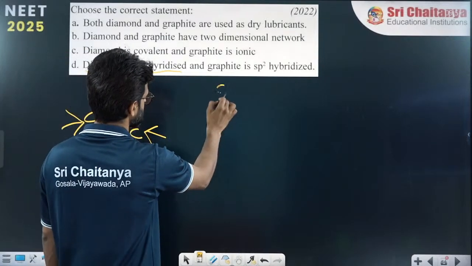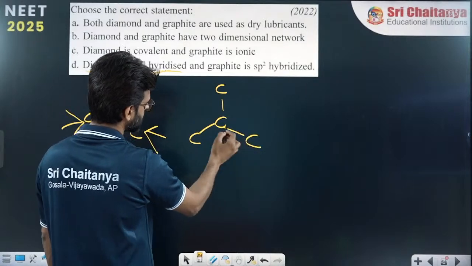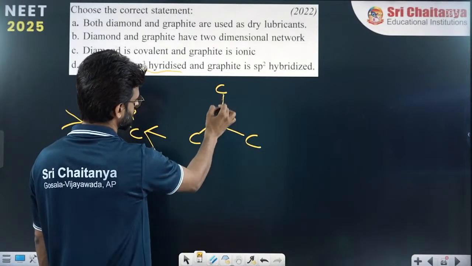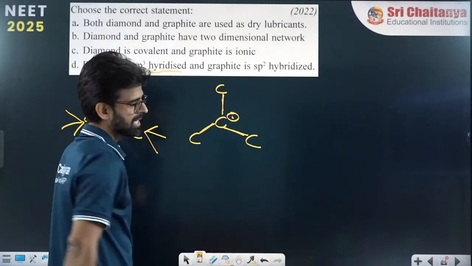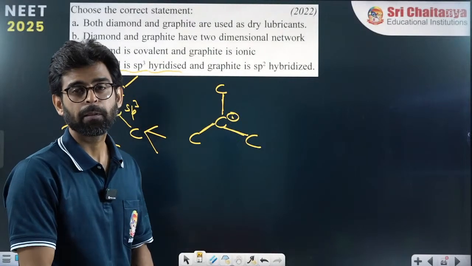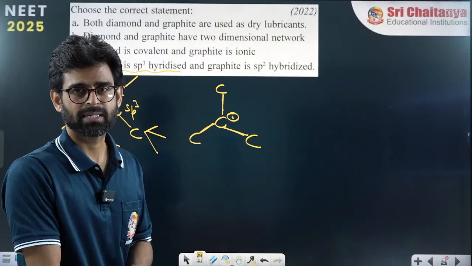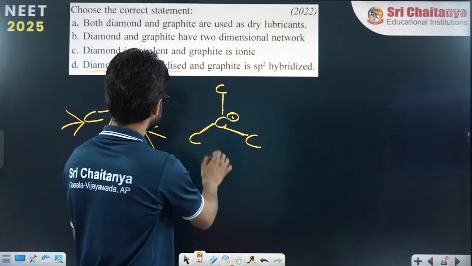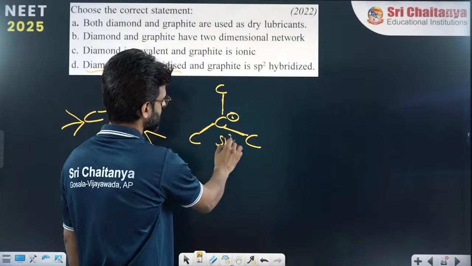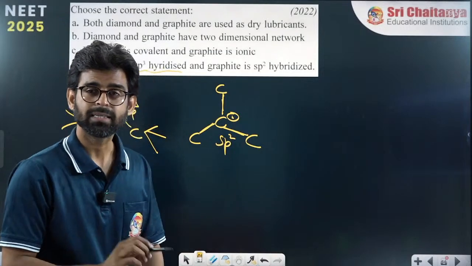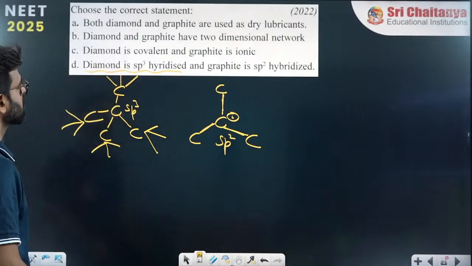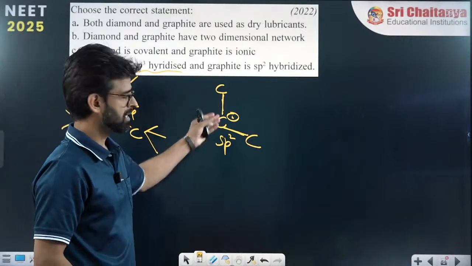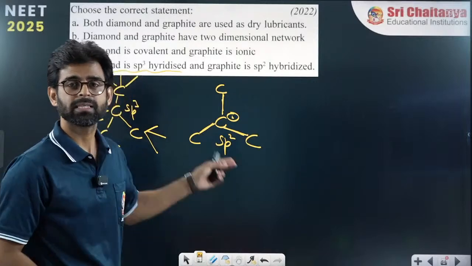Whereas in graphite, carbon is attached to 3 other carbons and has one lone electron which takes part in pi bond formation and makes it aromatic. So it is sp2 hybridized. In graphite, carbon is sp2 hybridized. In diamond, carbon is sp3 hybridized, right? Because of partial double bond here, you will see the bond length is smaller than the diamond.